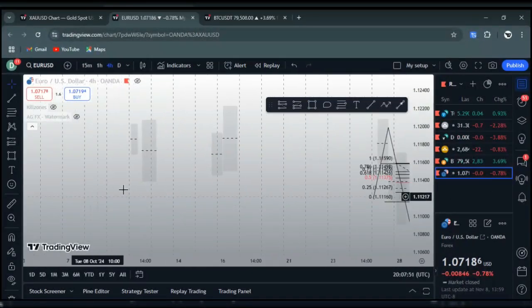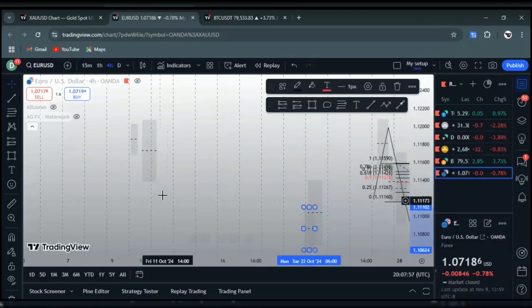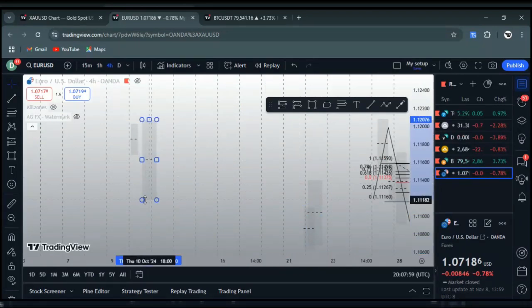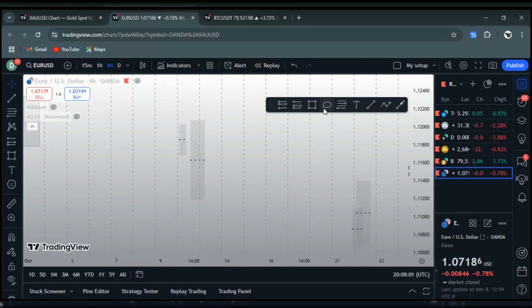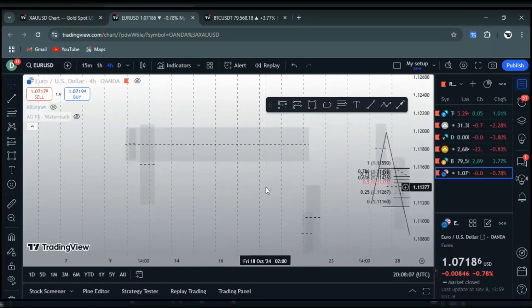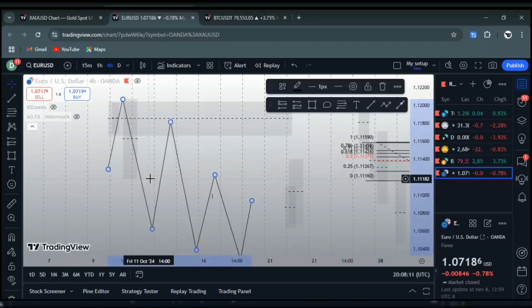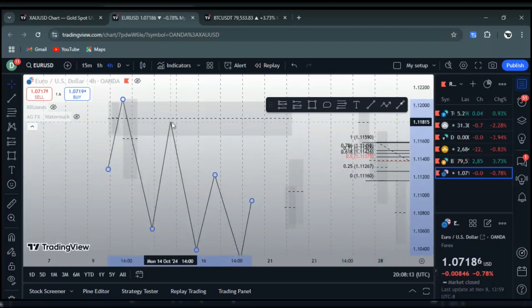So now, where breaker block comes in is that when you've marked out your bullish or bearish engulfing zone, which is like this, and after it has been created, you're expecting the market to just come to either 50%, just like the fair value gap, or fill it up before going down.